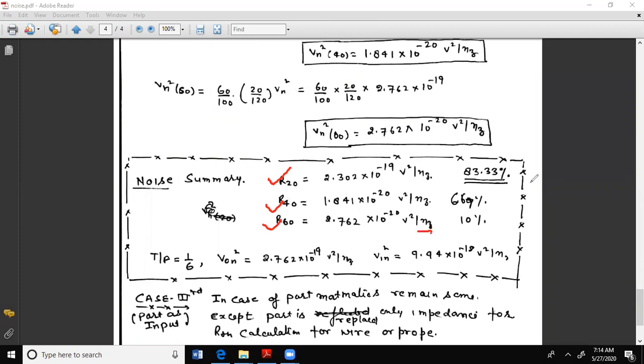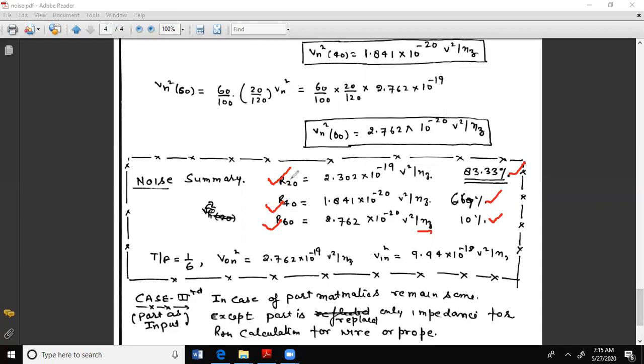This is the 83% of the total noise. This term is 6.67, and this is the total 10%. The sum of these noises is equivalent to the total output noise, and in percentage these are 100%.